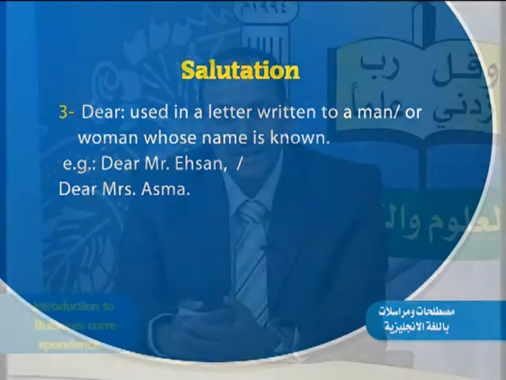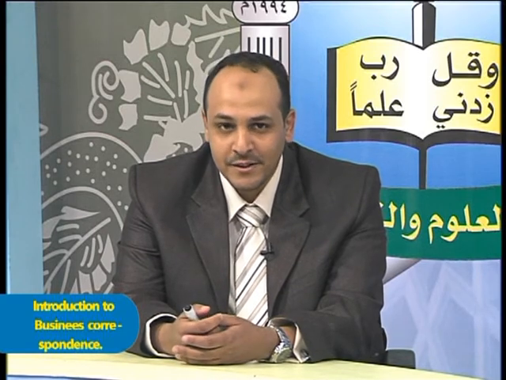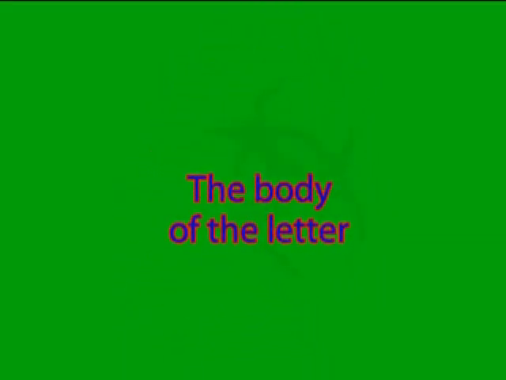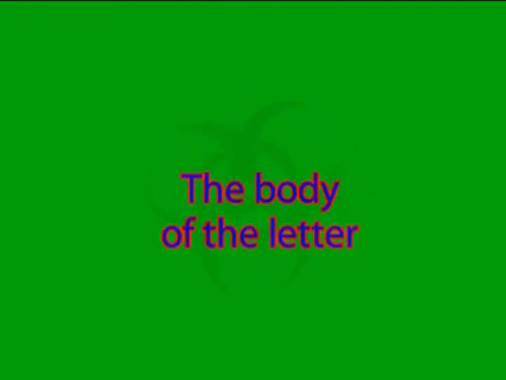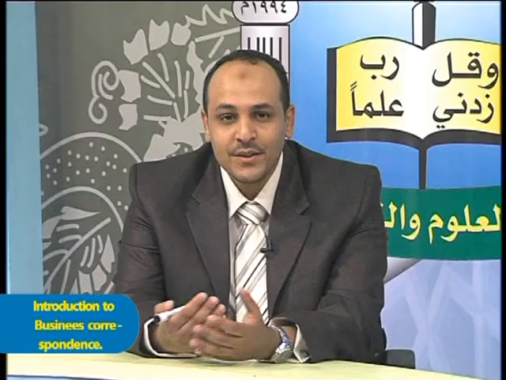Now, dear students, we come to discuss the 5th part of the business letter, the body of the letter. This part contains the message we want to convey to the reader and is arranged in paragraphs.